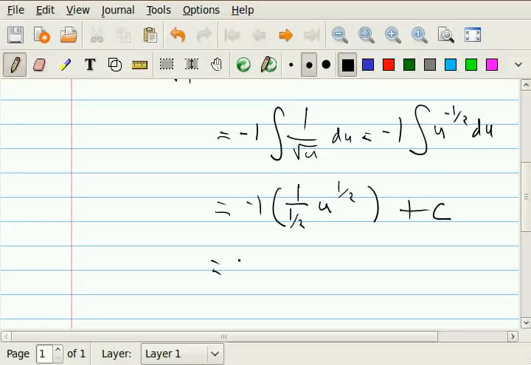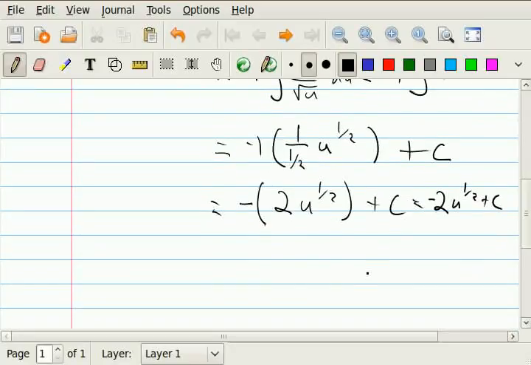So negative 1 is just a negative sign, and 1 over 1/2 is 2, u to the 1/2 plus c. I can write this as negative 2 times u to the 1/2 plus c, or negative 2 times the square root of u plus c.